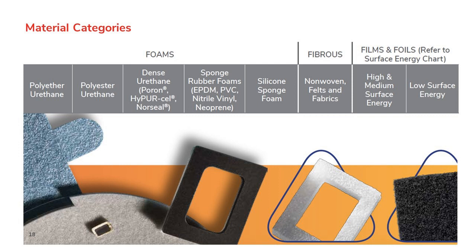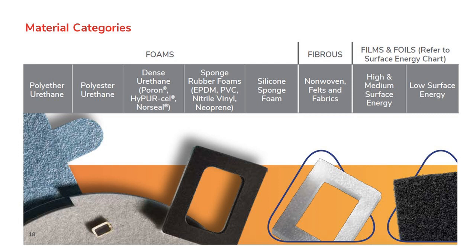The next category we have is what we're calling dense urethanes. Many of you are familiar with Rogers Poron or maybe some other brands like High Pure Cell or Norseal. Those are much denser closed cell foams that have a skin on them, and those can be quite challenging to bond to actually. The next category we are calling a family of sponge rubber foams.